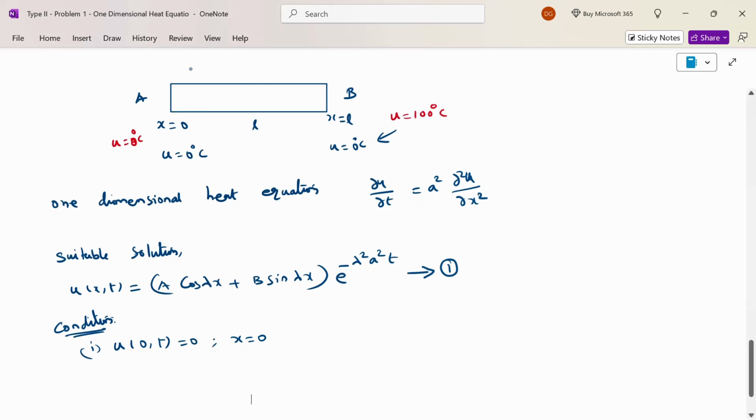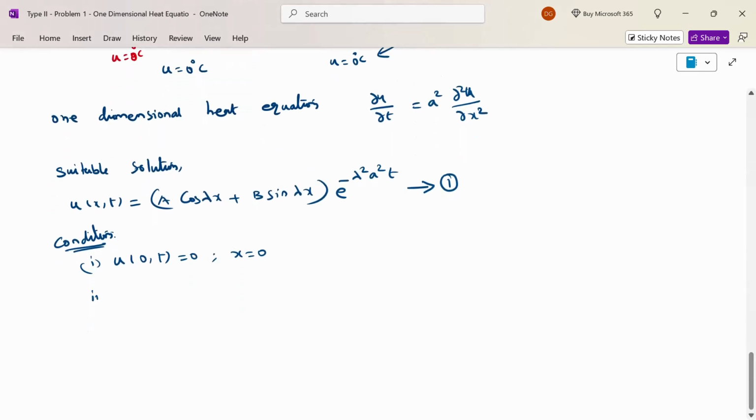Then another one: u of L comma t equals 0, at x equals L. So these are the boundary conditions. Next, what is the initial condition? The temperature u of x comma 0 equals the steady state u of x, when t equals 0.